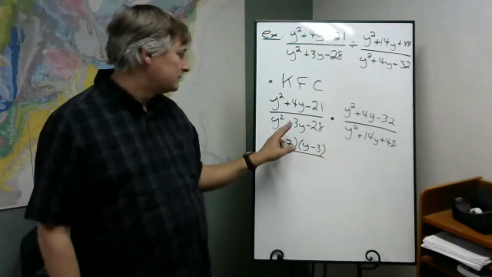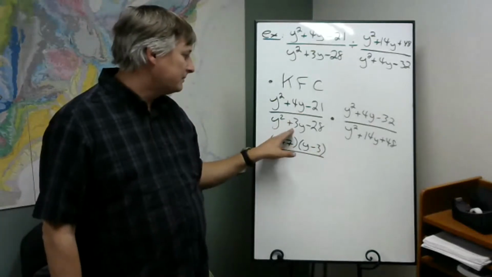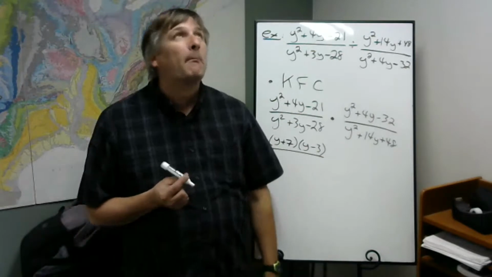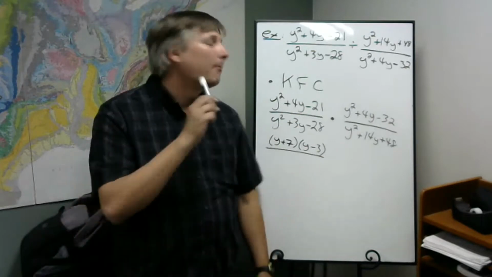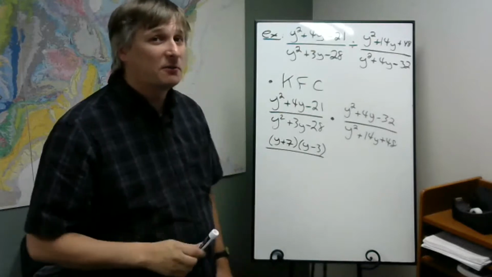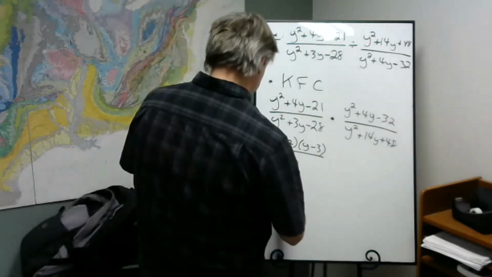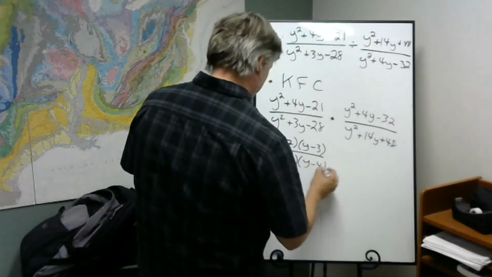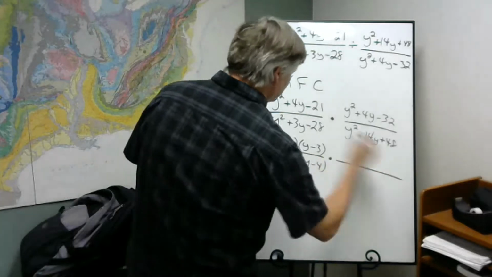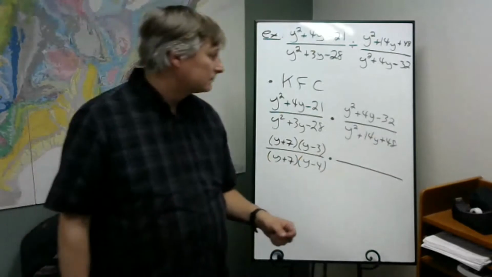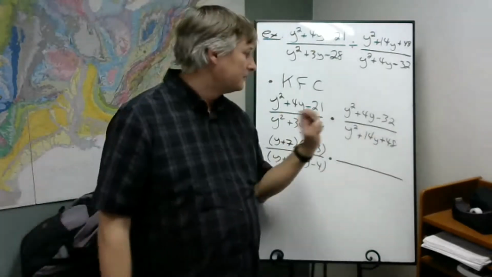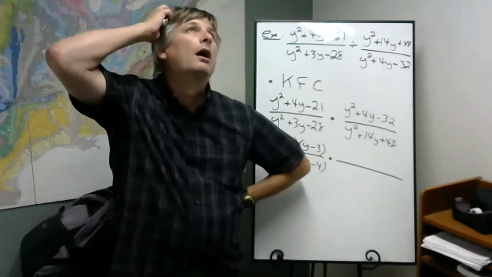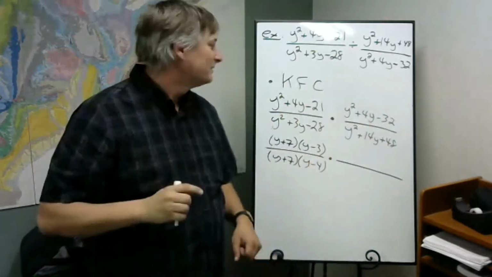Now for this one, two numbers that add up to 3, but multiply to negative 28. 7 and negative 4. Now for this one, two numbers that add up to 4, multiply to negative 32. 8 and negative 4.